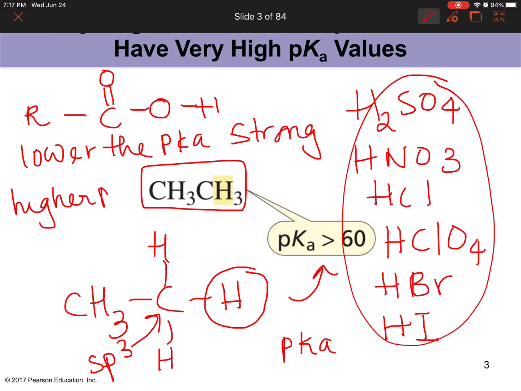Higher pKa means a weaker acid. I mean, they all are weak. Don't get me wrong, I'm comparing the weak acid strength. Now, this is a pKa greater than 60. For example, let's say you have another acid where the pKa is 40. Which one do you think is stronger between these two weak acids? The pKa 40 would be stronger.